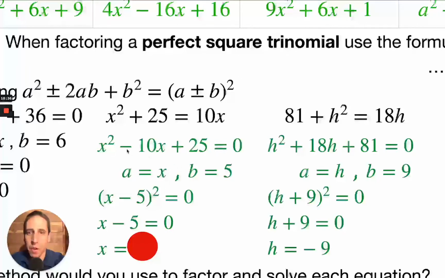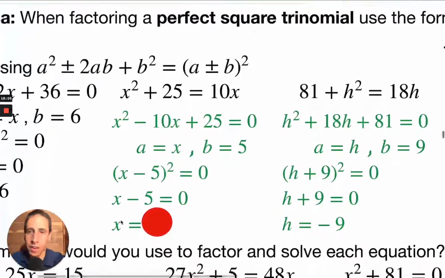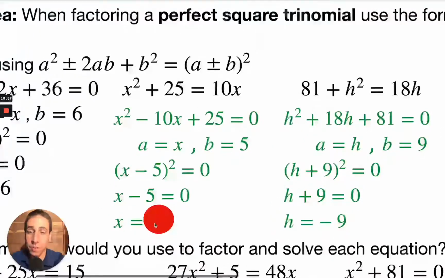Knowing that there's subtraction here, 5 times x is 5x, doubled it is 10x, and in order to produce the subtraction, I use the formula that has subtraction, x minus 5 squared. Now, if you FOILed that out, you'd get back to the original, but the whole point is to factor it, and you get x minus 5, and then you can figure out what's underneath that dot right there.